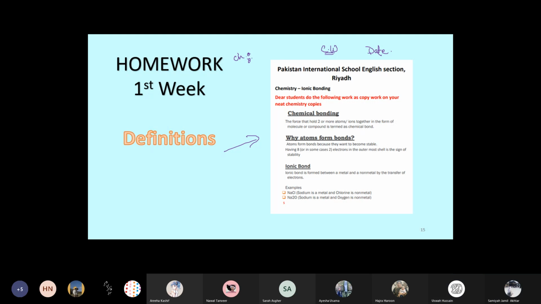Yes, but not this week, next week, inshallah. Teacher, for the girls who come to school, will you check the copies in school? Yes, I will check their copies.